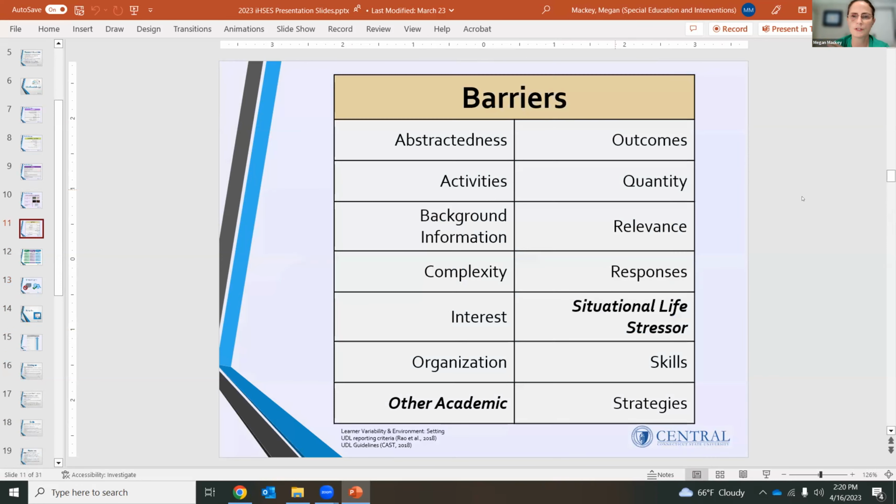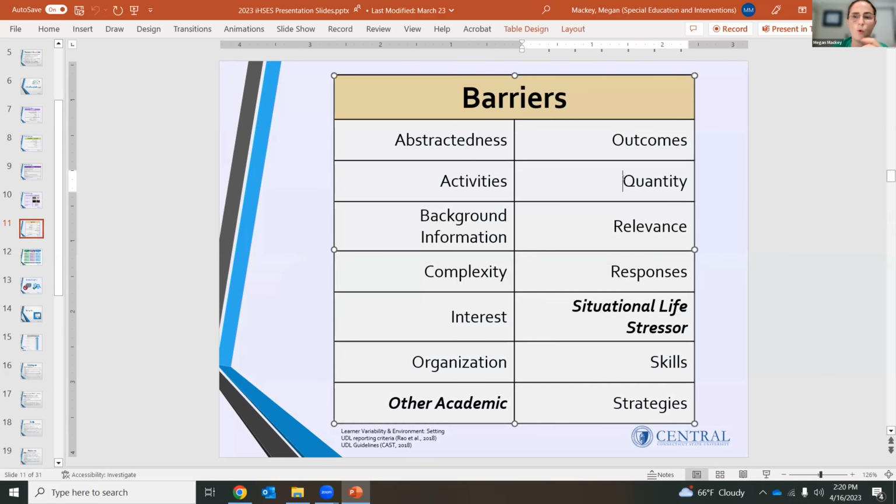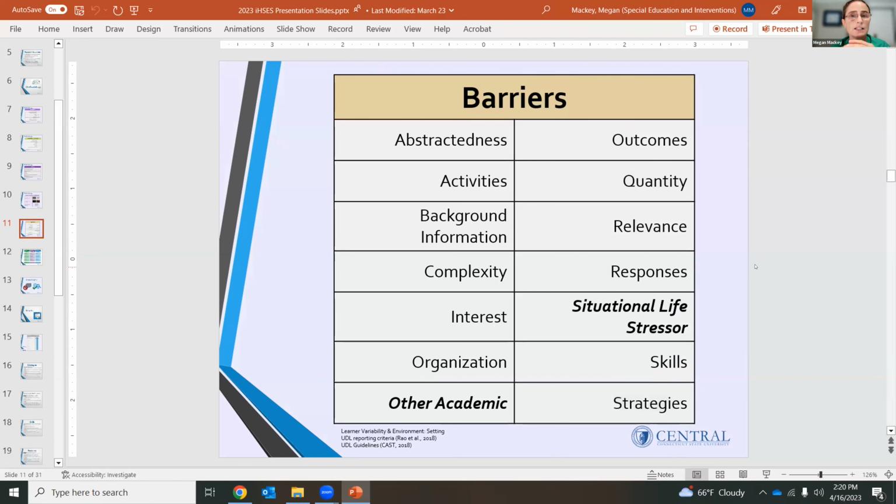I would go through and say, okay, of these 63, how many identified quantity as being an issue? How many said interest? How many said strategies? And then the 3 of us came together and had to agree on the frequency within each category.